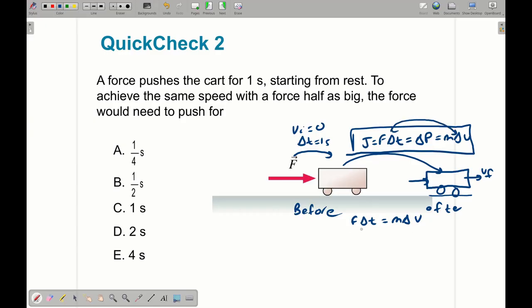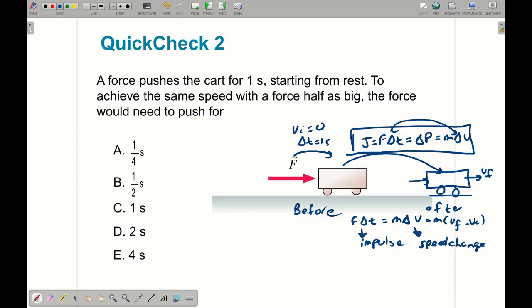Depending on how large my impulse is, I'm going to have a larger speed change and a larger final speed. And delta V is V final minus V initial, and V initial is 0 here.